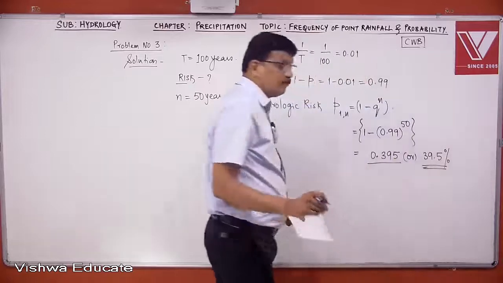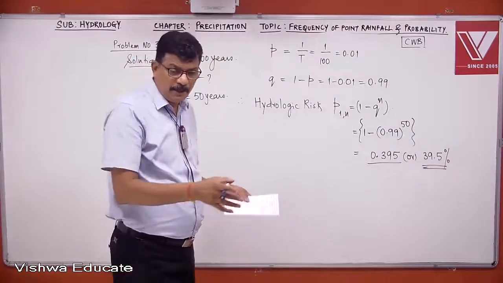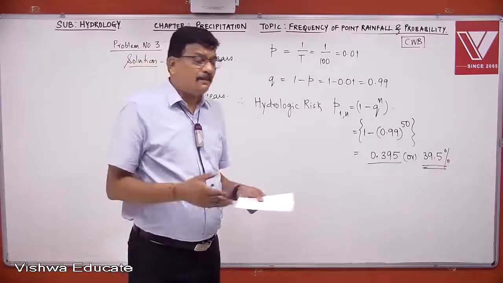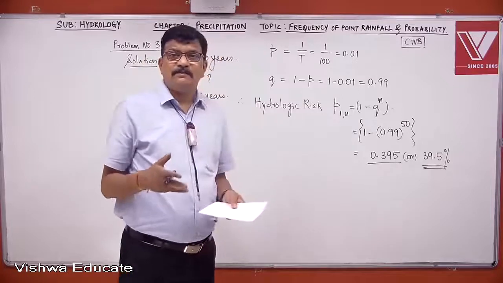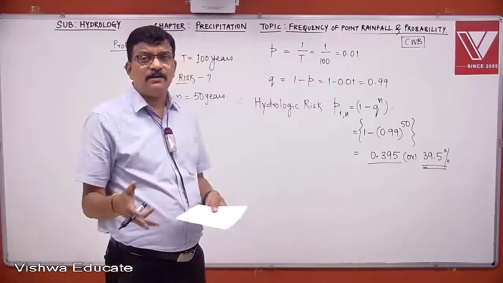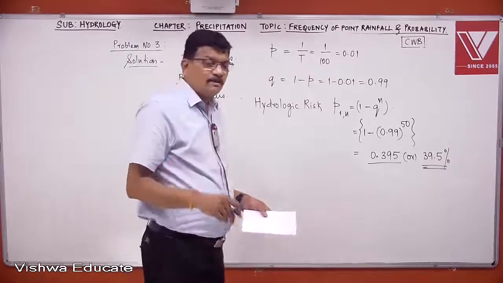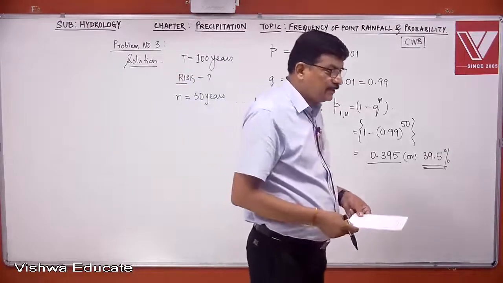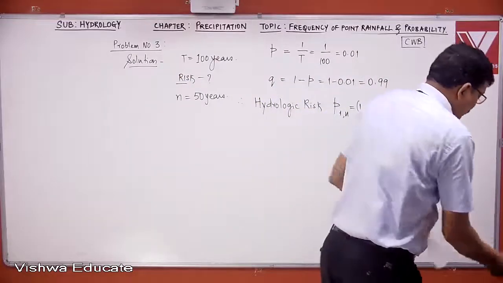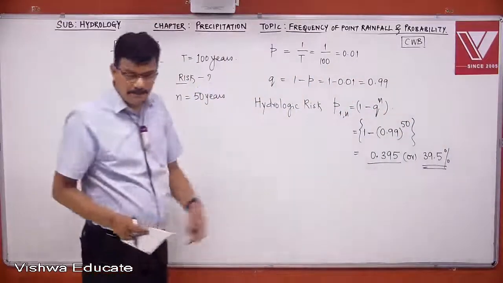Depending upon what is mentioned in the problem, depending upon the choices, as a multiple choice question, either the fractional values are given or the percentage is given. So depending upon that, we can mark the answer for that question. Okay, so you can copy this solution.